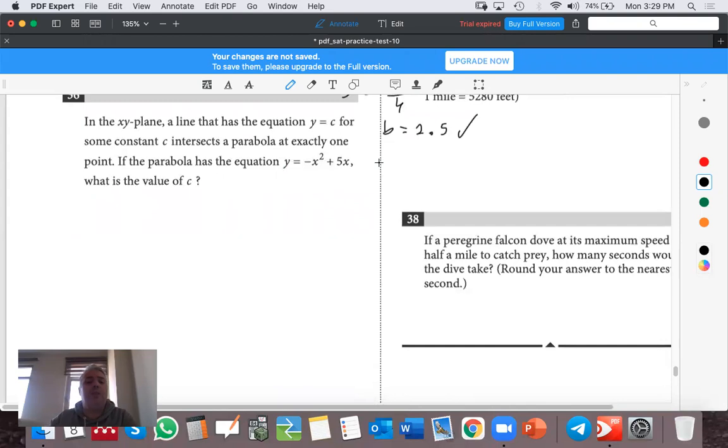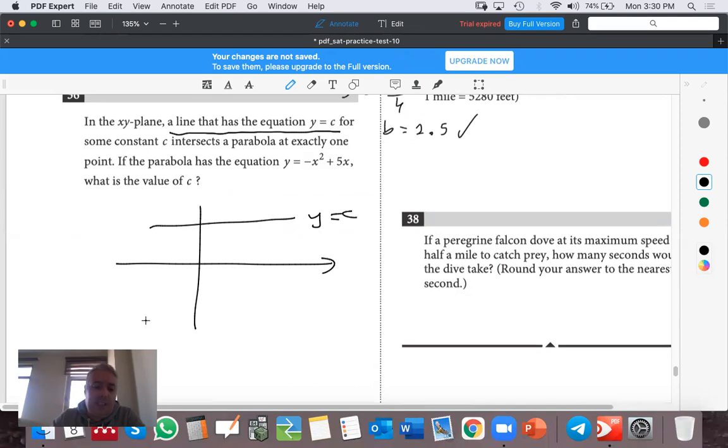Okay, question number 36. In the xy plane, a line that has the equation y is c. Let me draw. If c is positive, it is here. If c is negative, it is here. If c is at 0, it is here. Just in general, I am saying c is this. Some constant intersects a parabola at exactly one point.